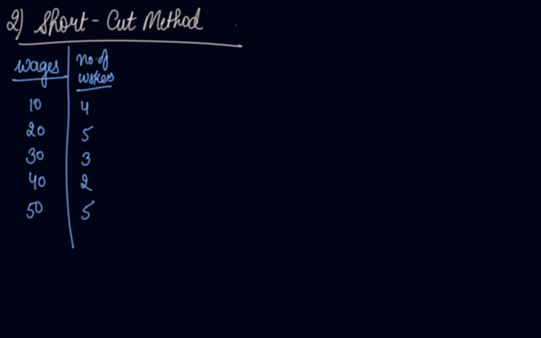In the individual series we studied that the shortcut method means the method using assumed mean. So here x bar will be equal to assumed mean plus summation frequency into deviation divided by summation f.